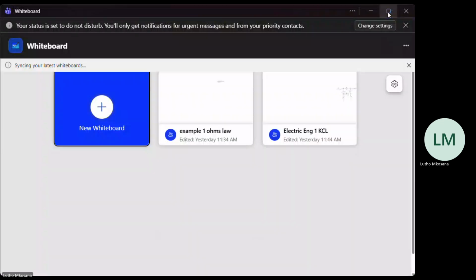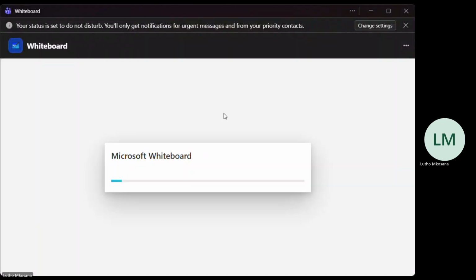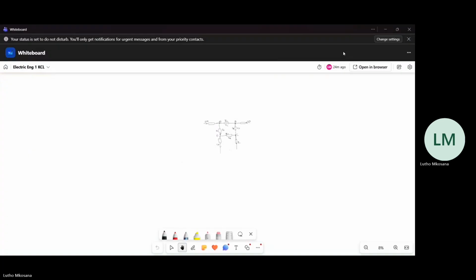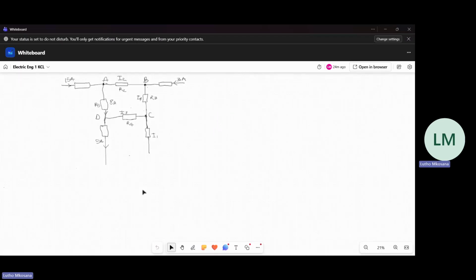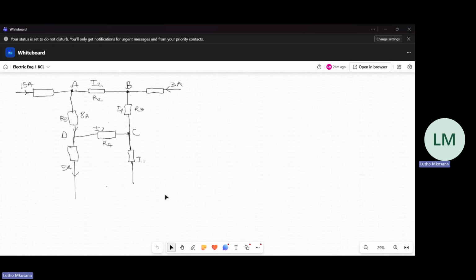So I will open my presenter whiteboard such that we can look at an example. If we look at this example here that I have pre-drawn, this is what is given to us.